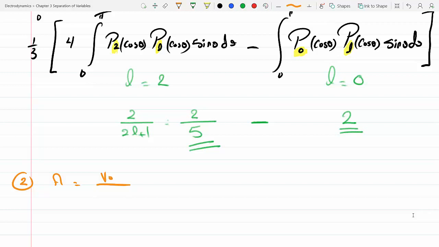And when the second term survives, i.e. when L is 0, the first term goes away because L there is 2.